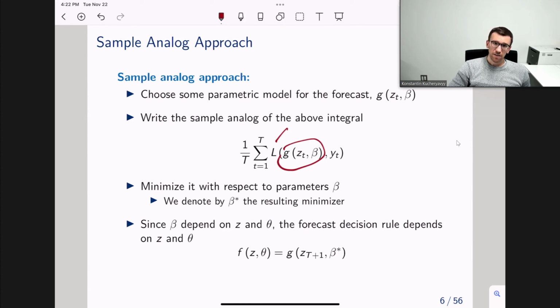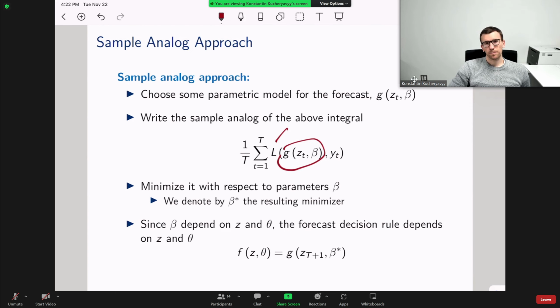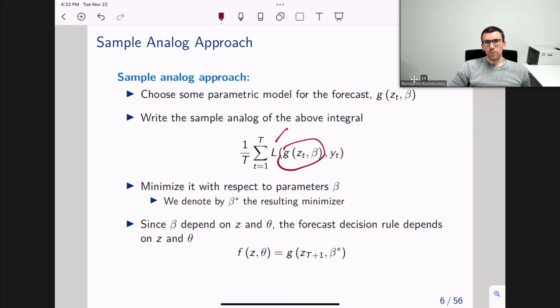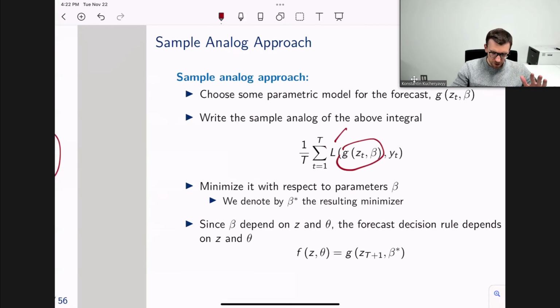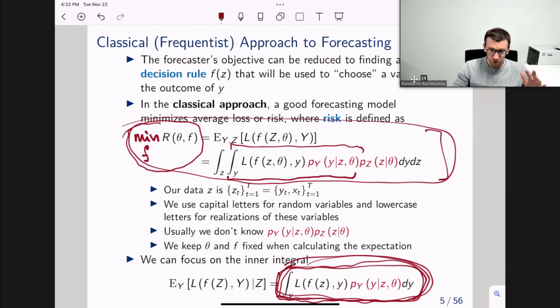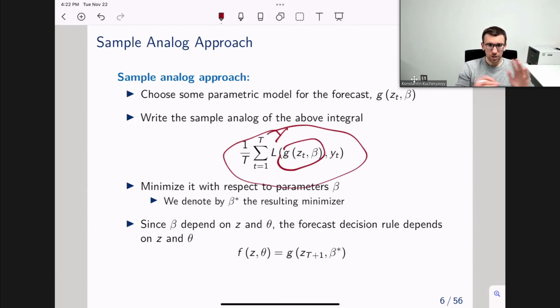Okay, the caveat is that if we want to come up with any sense of the precision of our forecast, and we want to see some errors, that's restrictive because we don't know how to. So there is this object, which is an expected loss, and there is this object, which is a sample analog.